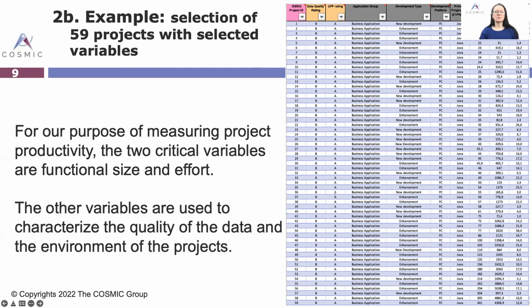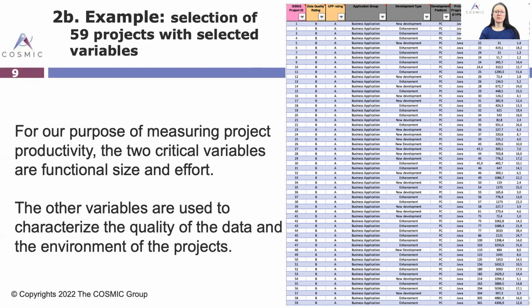The other variables that we find here are the quality of data, the ID of a project, and the application type. They are all business application. Development type: some are new developments, some are enhancement. The primary language, Java. Here is the development platform, all on PC.